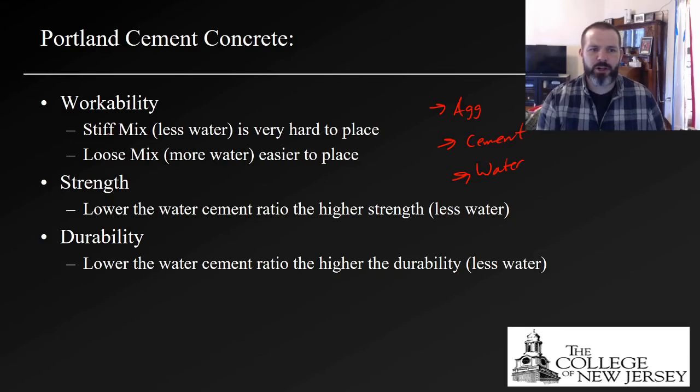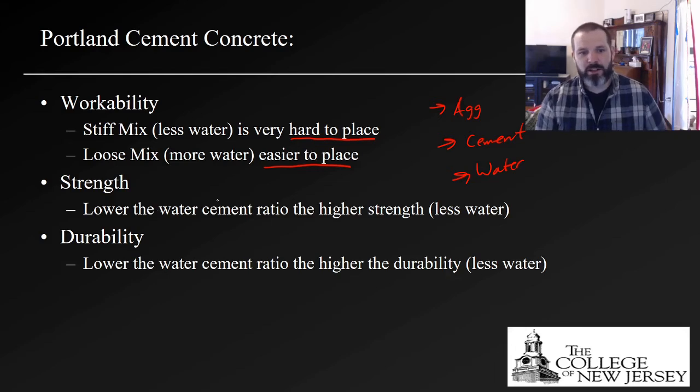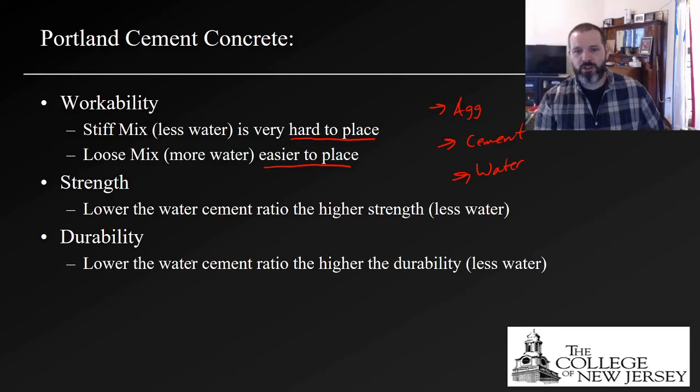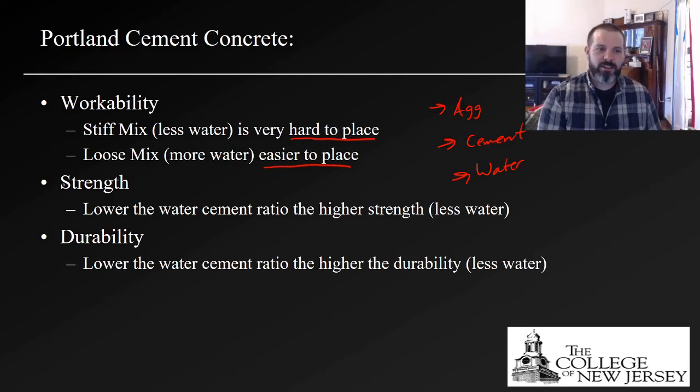Now, if we look at our 3 design parameters, workability, strength, and durability, we say that generally when we have more water, it is easier to place, and we have less water, it is hard to place. In terms of our strength, the more water we have, if we keep the amount of cement constant, the weaker our mix is going to be, and the more water we have, the less durable our mix is going to be.